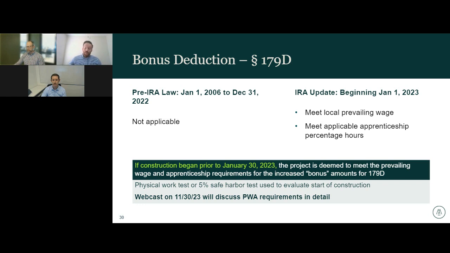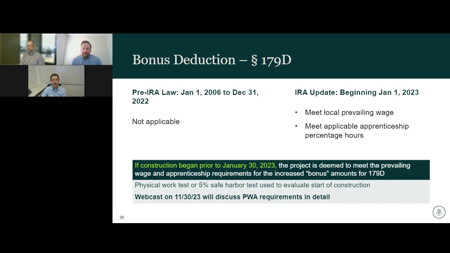Now, one important thing to note here at the bottom of the screen, you will see that you are not going to be held to these new requirements so long as the construction of your project began prior to January 30th, 2023. So projects that started before this date are automatically eligible for the higher deduction rate of up to that $5.